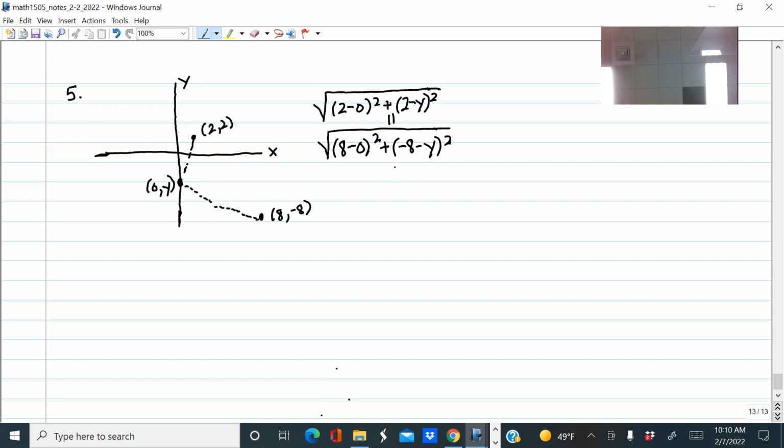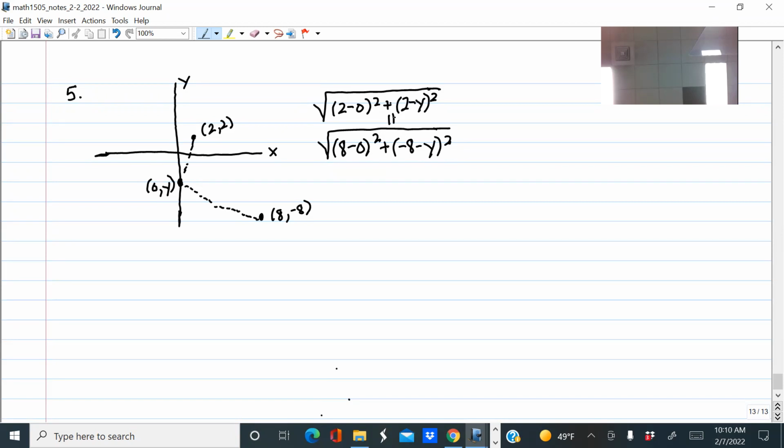And now it's just a matter of solving that equation. So this is where your algebra skills come into play, but the real logic of the problem you've already done. It's setting up those 2 distance expressions and then setting them equal to each other.